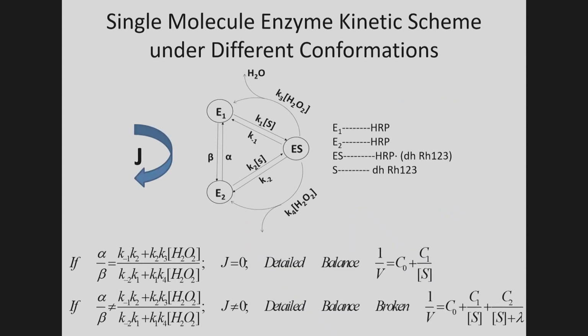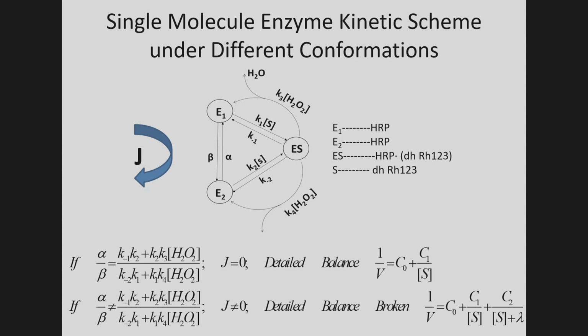And there's an interesting property we can sort of simplify into this picture. So here's the enzyme, which has 2 conformations. And here it catalyzes the one reaction. This catalyzes the other reaction. So from this graph, one can show that if there's no internal flux going on, if the internal flux is 0, then we go back to the famous Michaelis-Menten single molecule reaction rates.